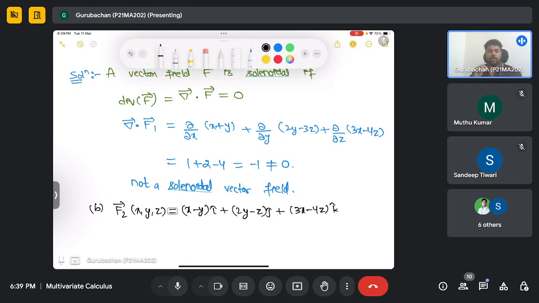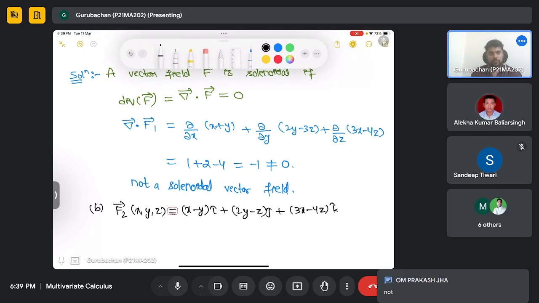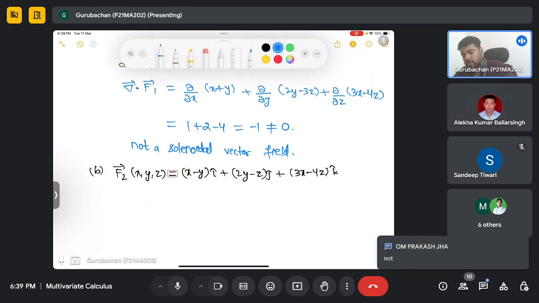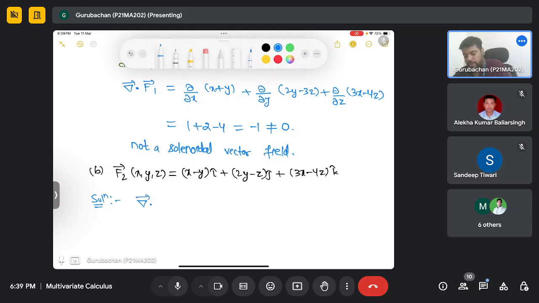Whether this is a solenoidal vector field or not? Again, we will calculate its divergence, that is del dot F.